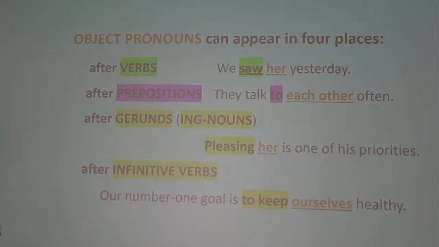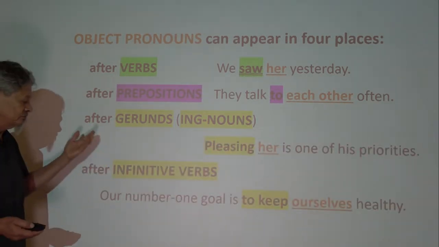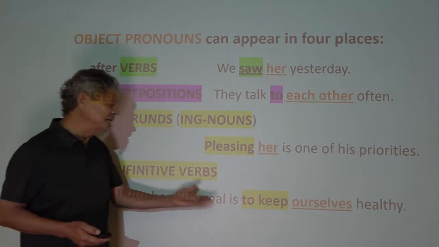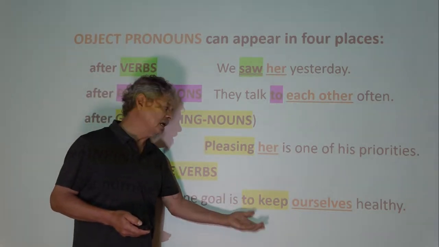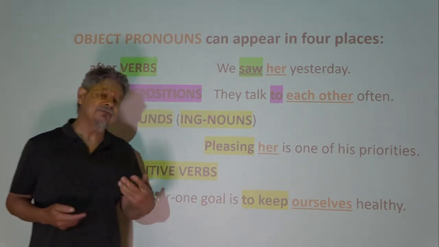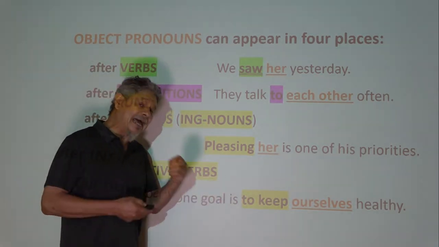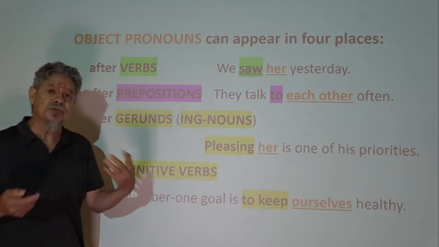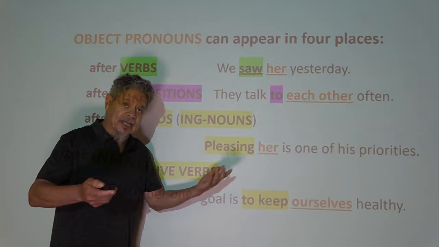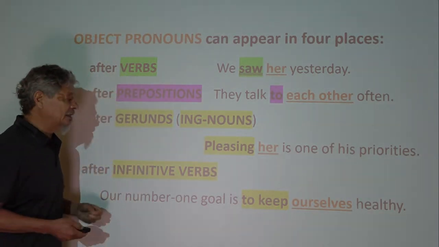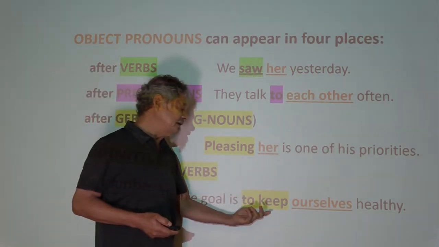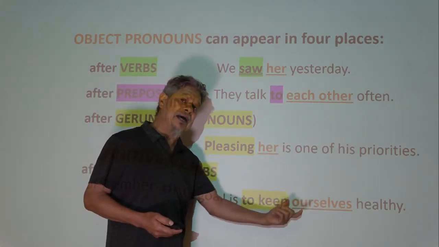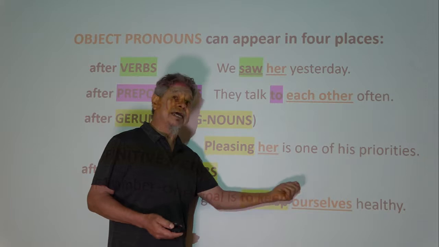We also use them after infinitive verbs. If we say, for example, our number one goal is to keep ourselves healthy. Infinitive verbs, 99% of the time, have the word to. To keep, to give, to work, to help. So after the infinitive, we don't say to keep we, to keep I, to keep he.